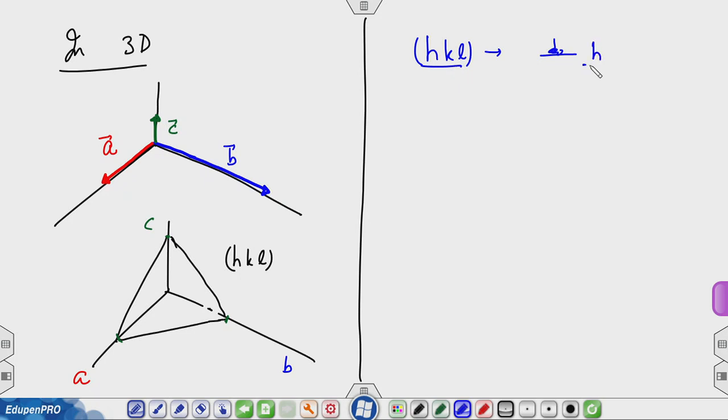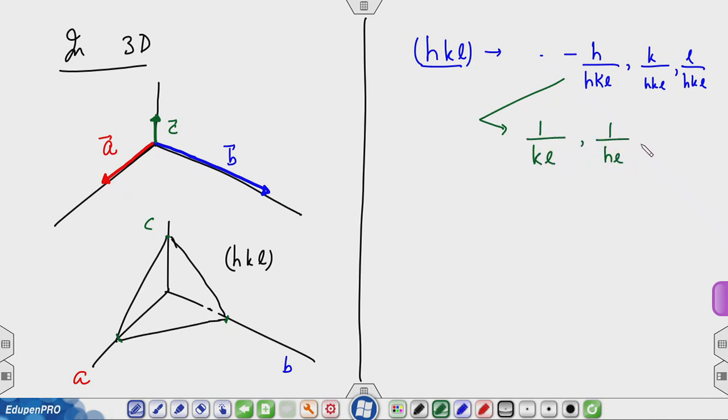So, H over HKL, K over HKL and L over HKL are going to be the inverse of the distances that have been cut. So, this comes to 1 over KL, 1 over HL and 1 over HK.